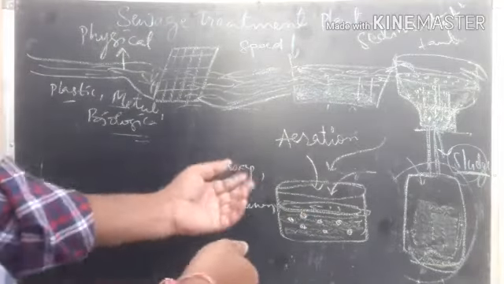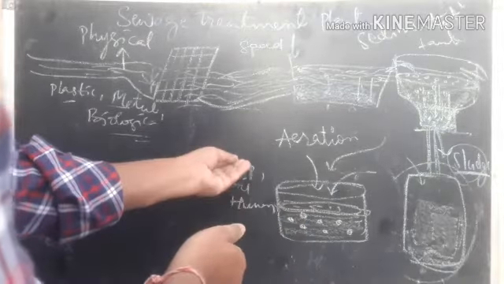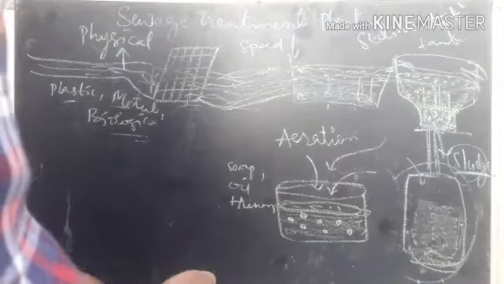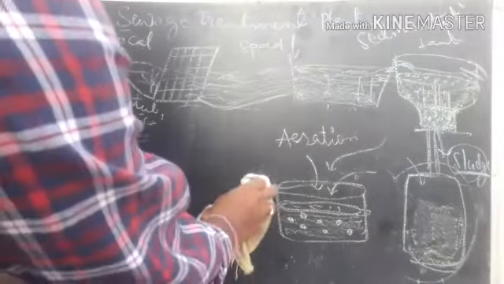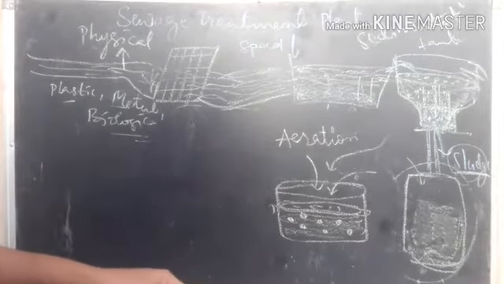The aerobic bacteria keep digesting and decomposing the organic waste present in the water. Their weight increases by feeding on these impurities.